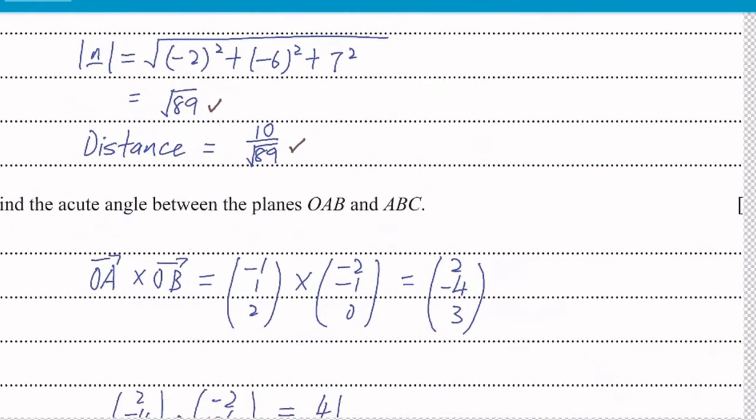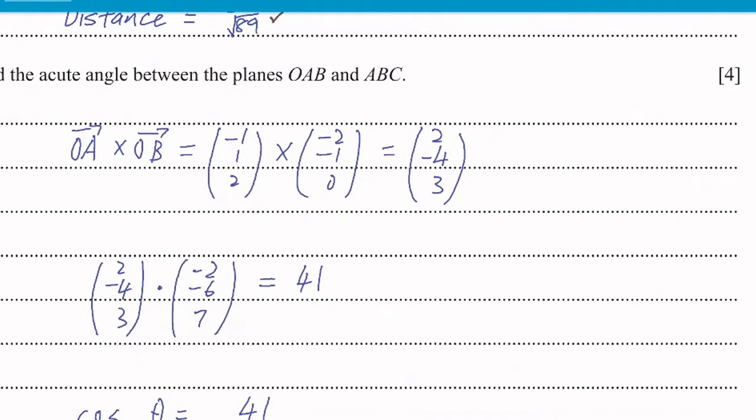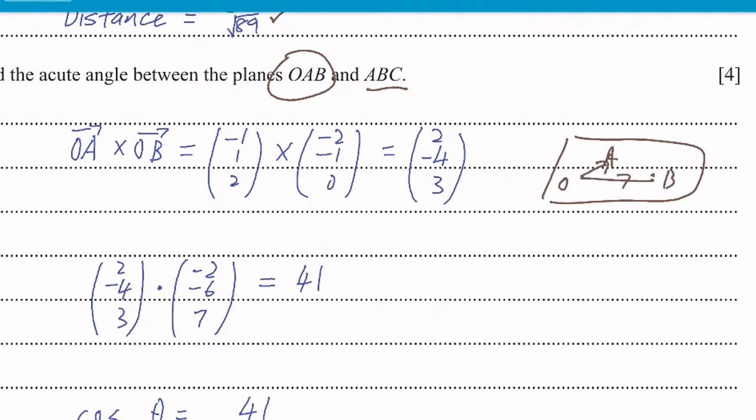Okay, so part C is to find the acute angle between the two planes. So we find the angle between the normals of the two planes. For ABC we already have the normal from just now. Now we want to find the normal of OAB. If you want to find the normal for the plane OAB, we can use OA crossed with OB.